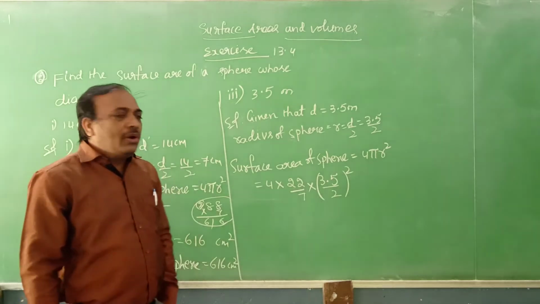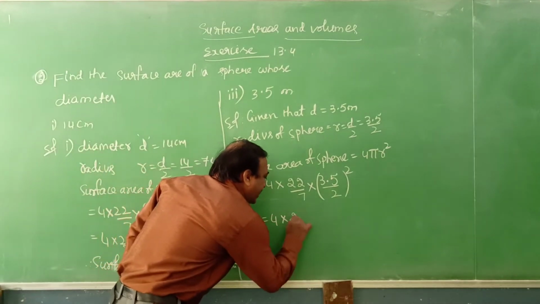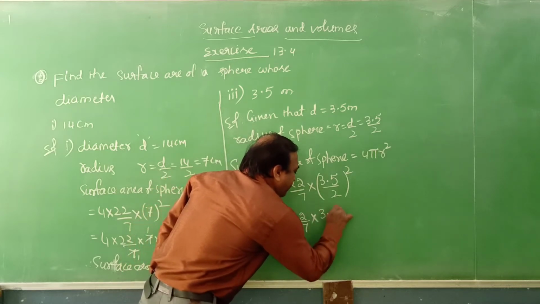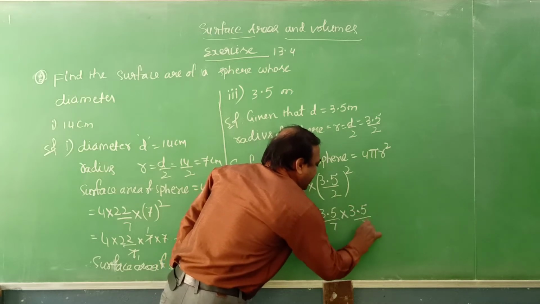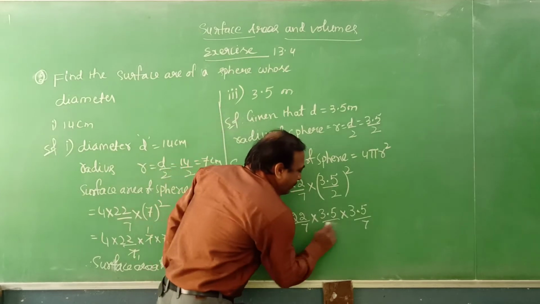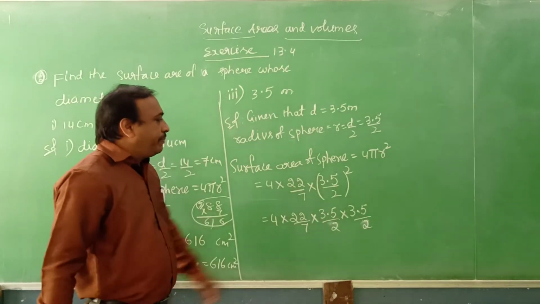That is 3.5 by 2 whole square, which is 4 into 22 by 7 into 3.5 by 2 into 3.5 by 2.